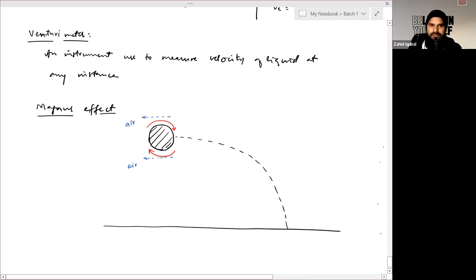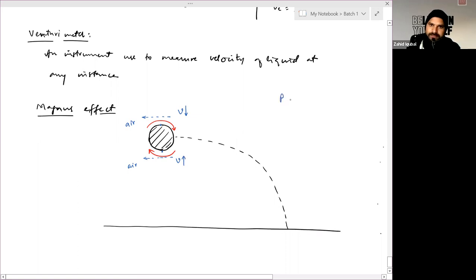For this point, for clockwise direction, velocity is in forward direction and air movement is in backward direction. So net velocity of air at this point will get decreased, since both these two motions are in opposite direction. And similarly at the bottom point, since both are in same direction, velocity will get increased.